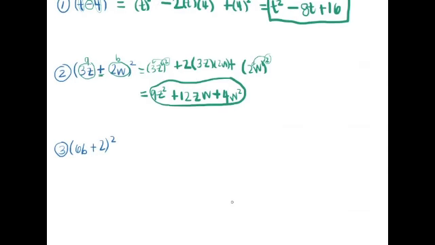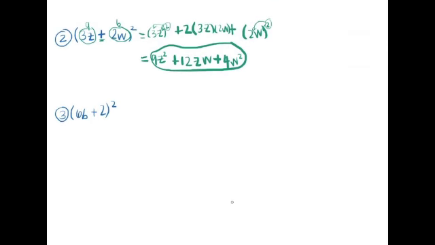Let's try one more like this. And so here we go. My a is this whole thing, the 6b. My b is 2. So I end up with a squared, or let's look at the sign first. Since the sign in the parentheses is plus, my first sign is plus, and my last sign is always plus, so I can just write that in.